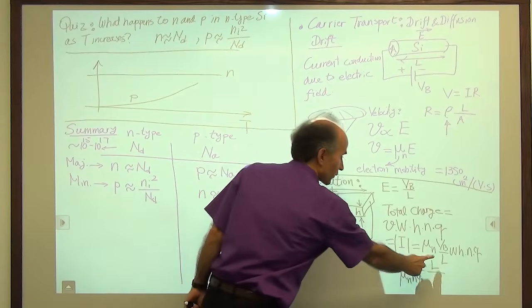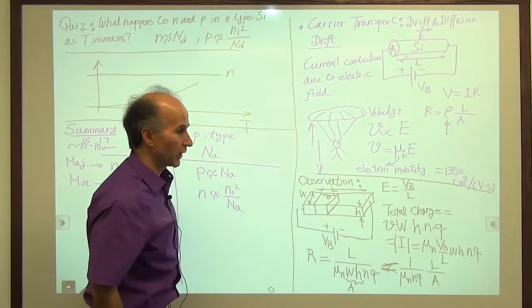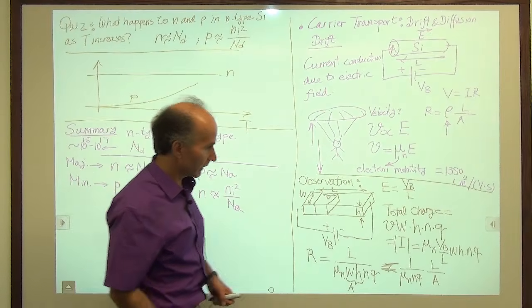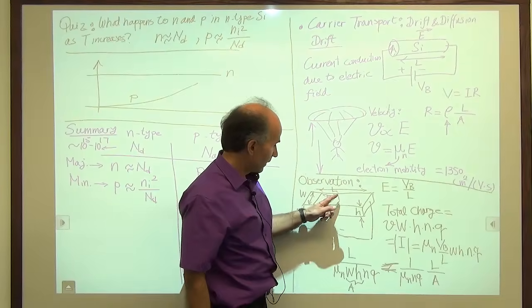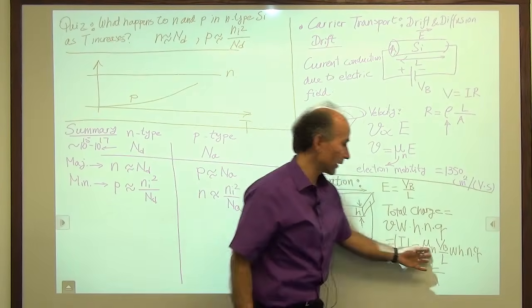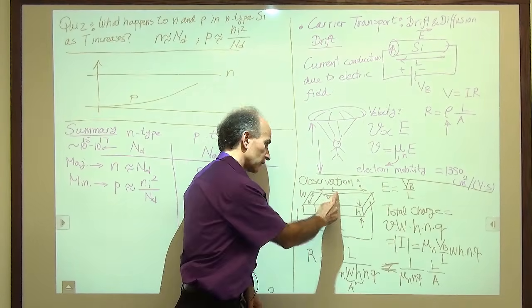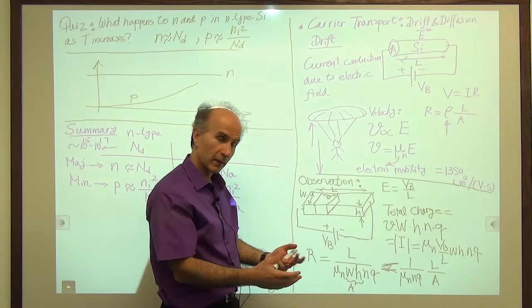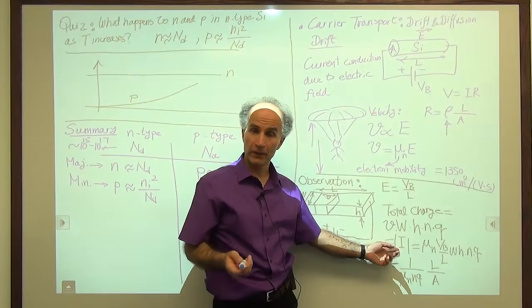So remember this equation, and now we will change it to current density. It's not that hard, right? Because if we divide this total current by the cross-section area, then that will give us the current density. The unit of this current is amperes.